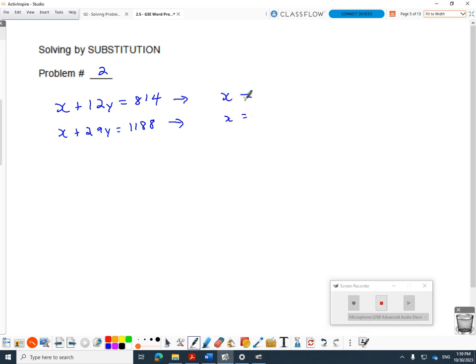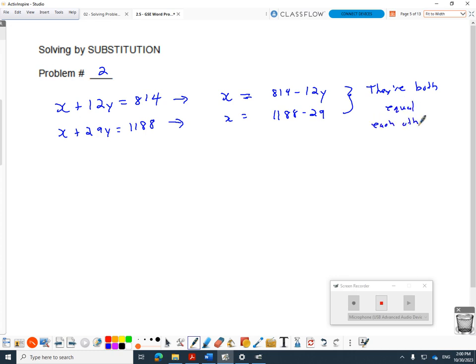That will make substitution reasonably straightforward. So I've got to move those over. The positive 12y has got to move over. So I get 814 minus 12y. And the 29y has got to move over. 1188 minus 29y. And then this sentence that I stole from somebody: they're both equal to each other.